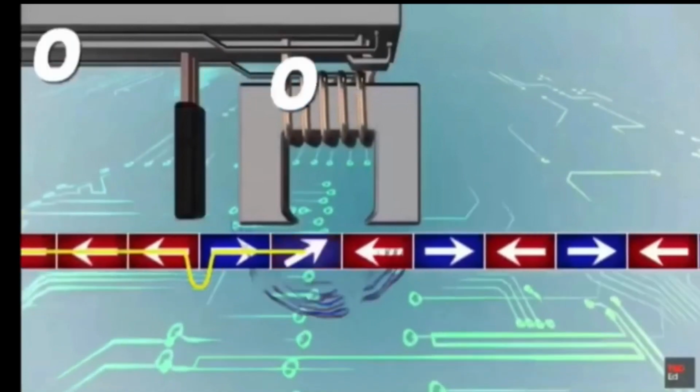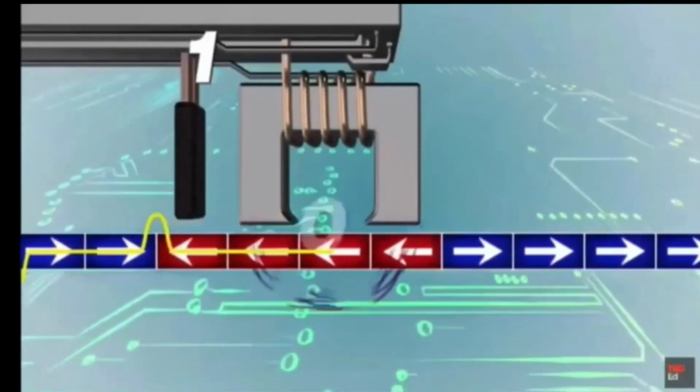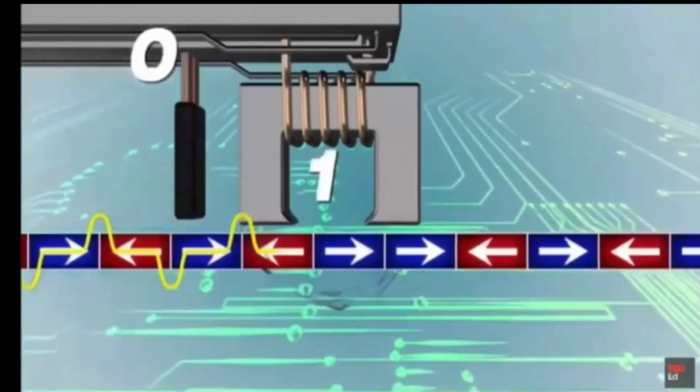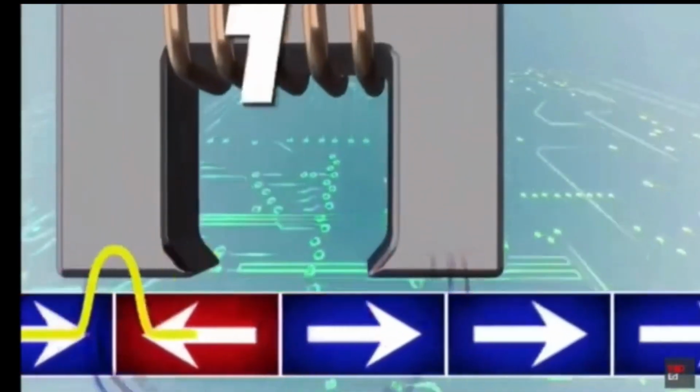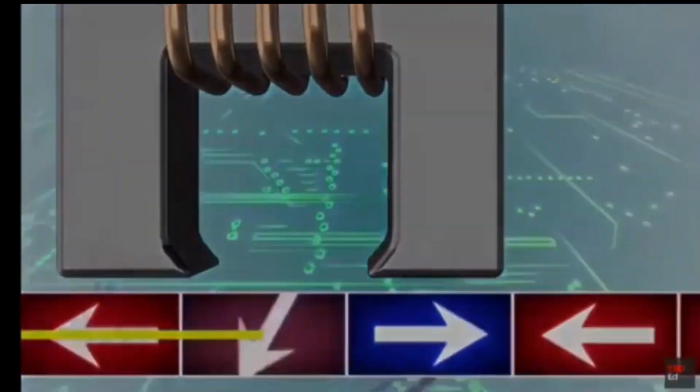Data is written onto the disk by converting strings of bits into electrical current fed through an electromagnet. This magnet generates a field strong enough to change the direction of the metal grain's magnetization.